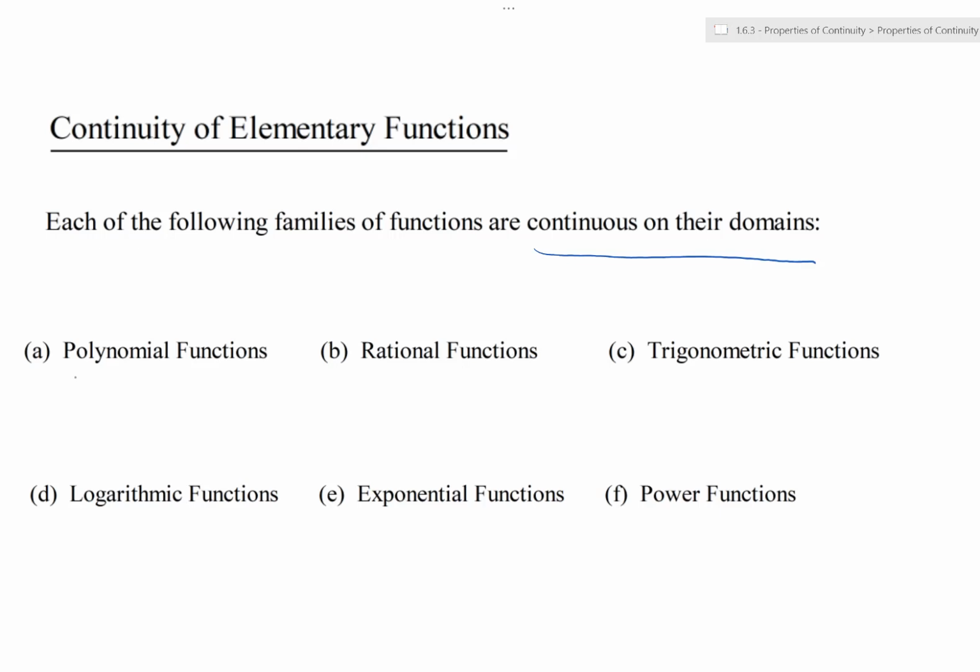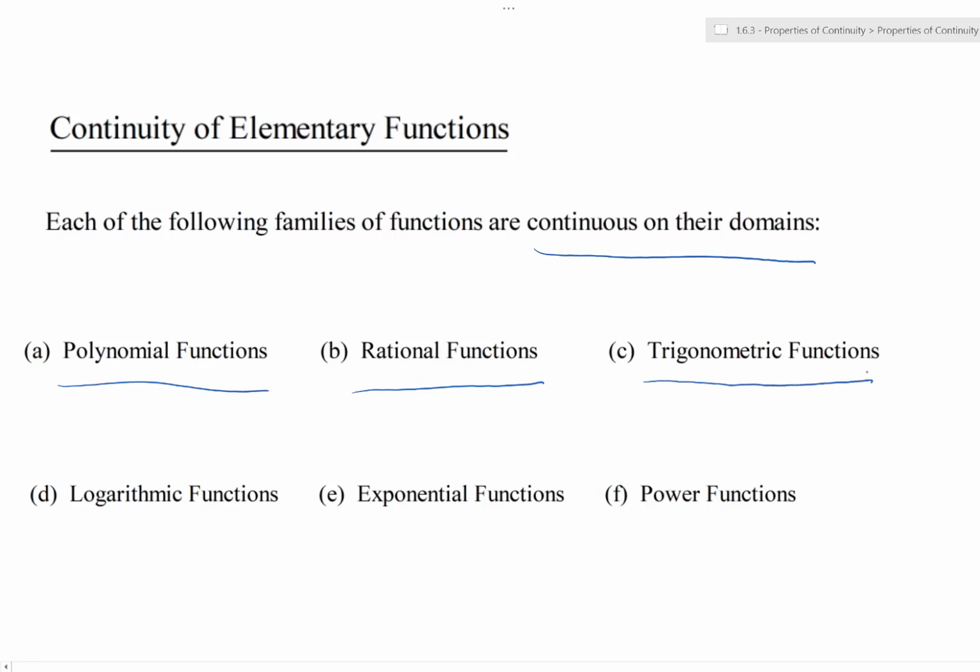What are these functions? Polynomial functions. Think of all those graphs. Those are nice ones, continuous over their domains, and polynomial functions have domains that are all real numbers, so they're always continuous. Rational functions. Now, rational functions can definitely have places for which they're undefined, but as long as they are defined, the rational function will be continuous at that location.